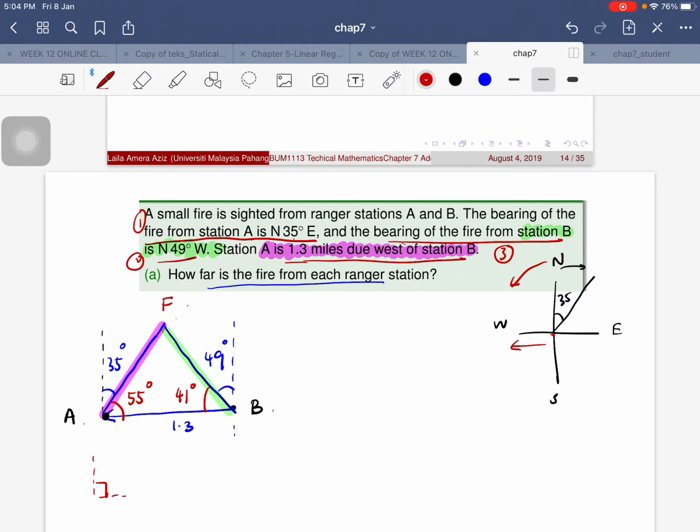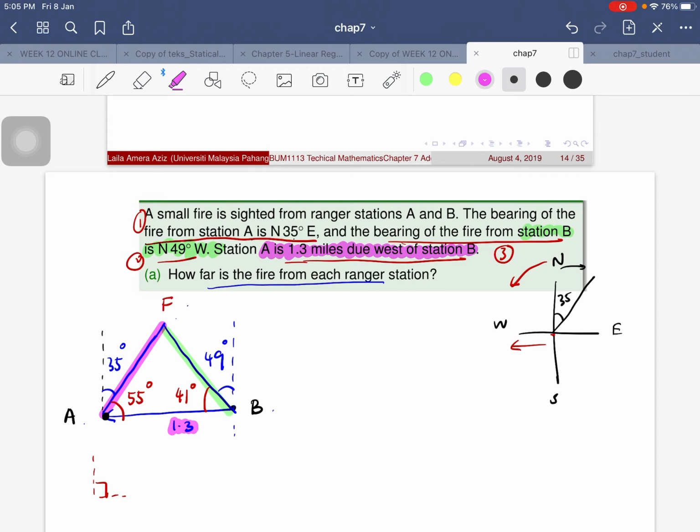Okay, and now that we wanted to find the lengths on both sides, AF and BF, we have another piece of information that we can use: the length of AB is equal to 1.3. So here I can use the sine law because I have enough information for that.